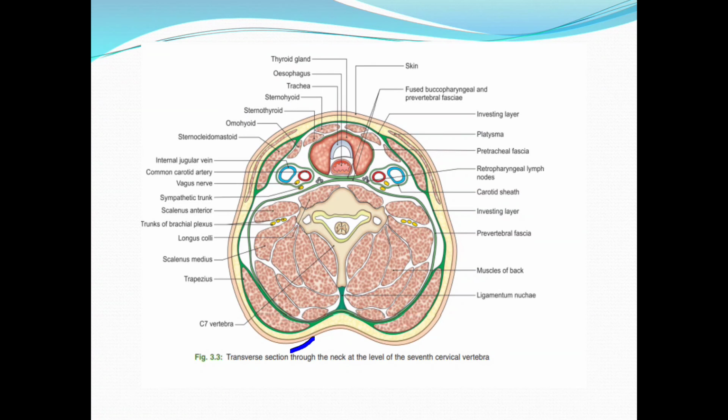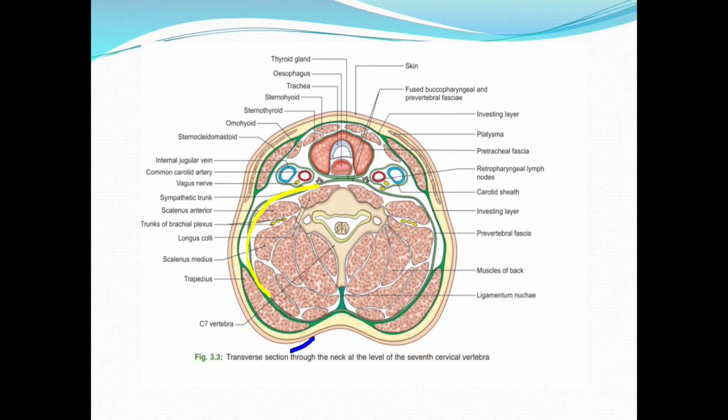Here I have marked with yellow the prevertebral layer of deep cervical fascia, which is covering the muscles of the floor of the posterior triangle.